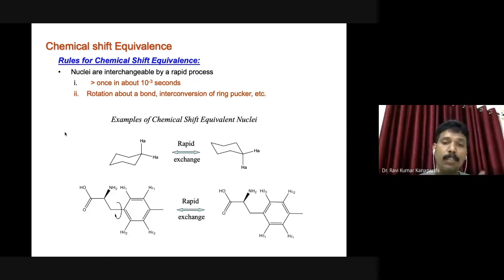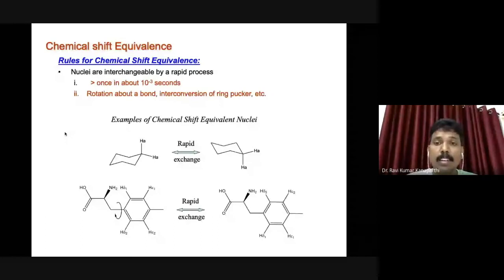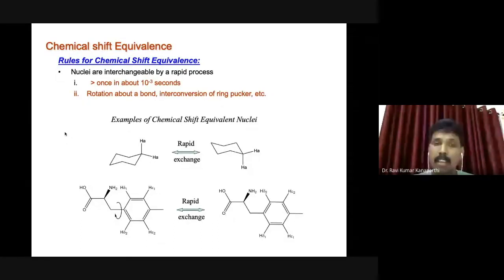However, if you lower the temperature, it is possible to find the difference between them. If you are at room temperature or higher, you can still say that the axial and equatorial protons are equivalent because they are rapidly changing, and you don't see two different NMR peaks, right? They resonate at only one place. You see two different peaks only when you lower the temperature. So as long as you are at the higher temperature, you can say that they are equivalent.